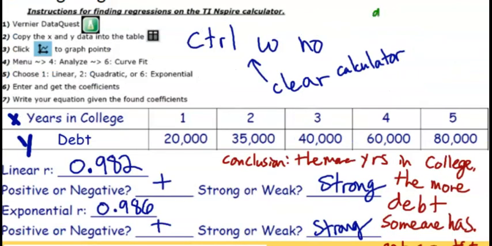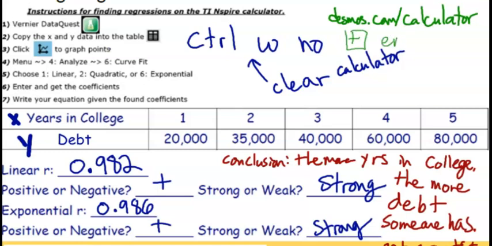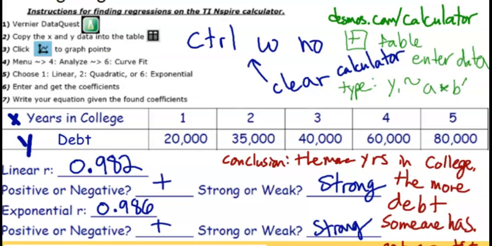So we go to desmos.com/calculator. And then you click the plus button to add a table. Enter the data. And then type Y1 tilde A times B caret X1 power.